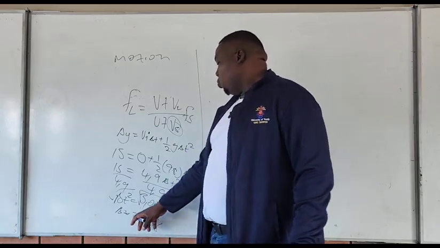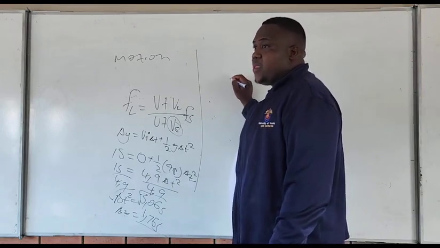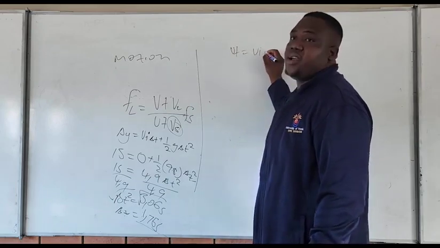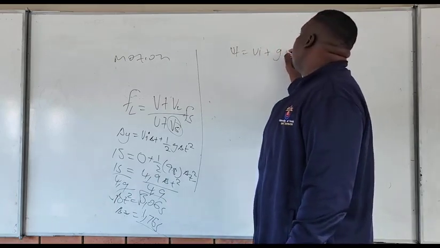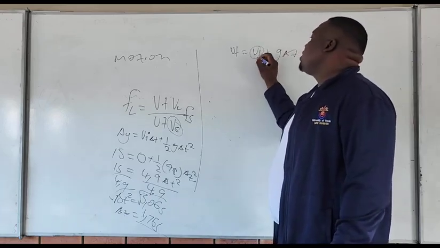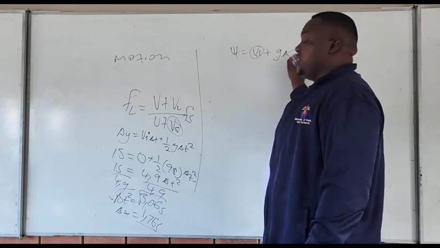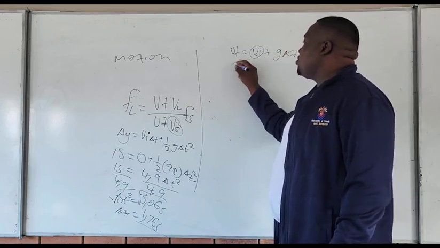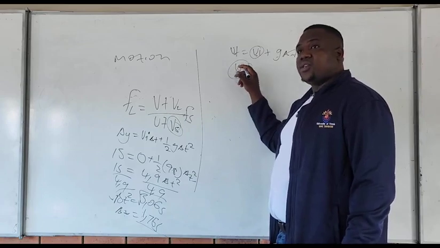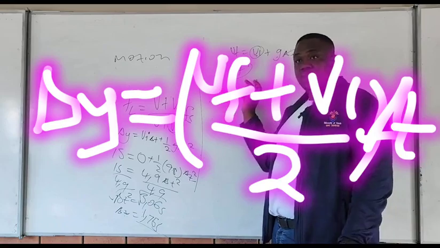Given this time, we need the final velocity, using the formula v_f equals v_i plus g Δt. We know the initial velocity is 0. We substitute the time, then we get v_f, which is the speed of the source. Then we go back to our formula, and where there is the velocity of the source, we substitute this.